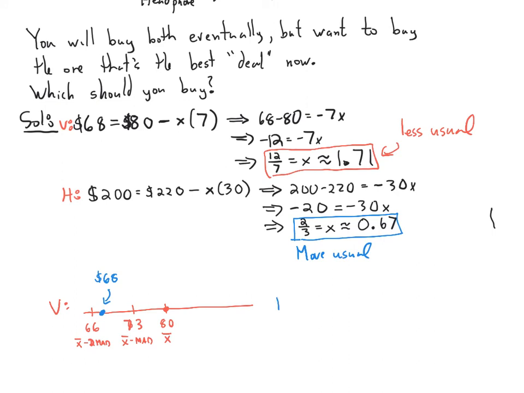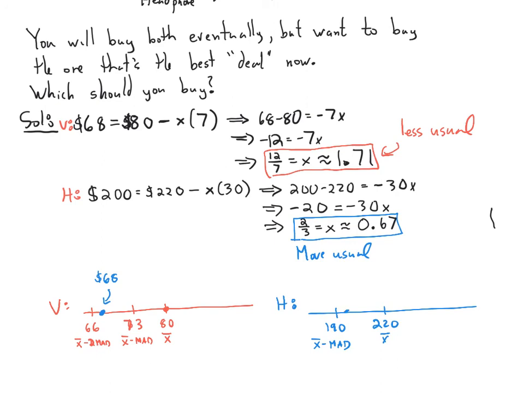With the headphones, here's a mean of 220. 1 MAD below, subtracting 30, would be 190. So this is my mean x bar. This is 1 MAD below the mean, 190.